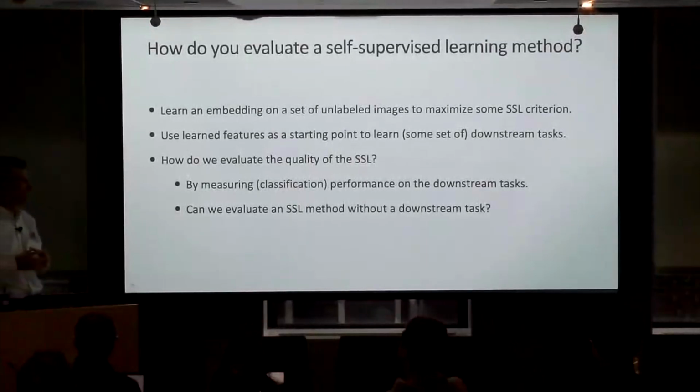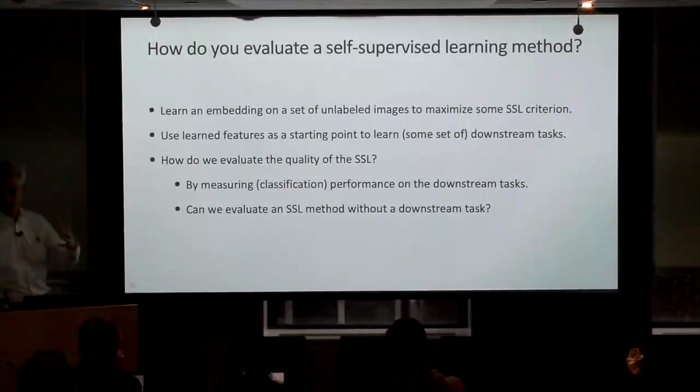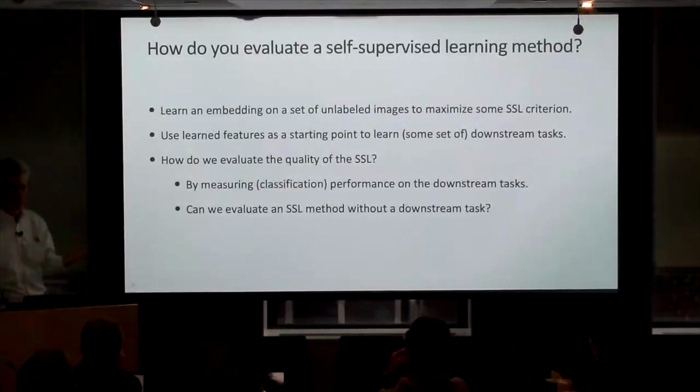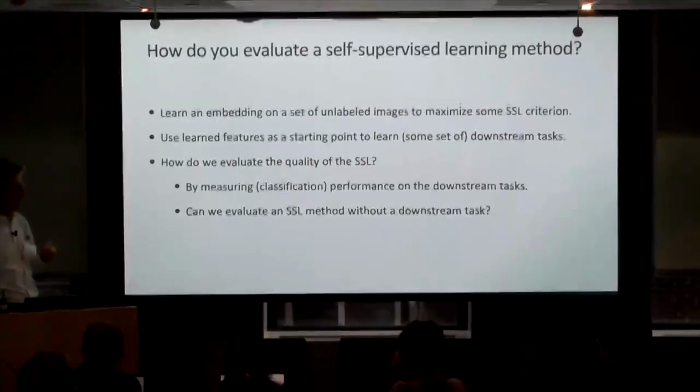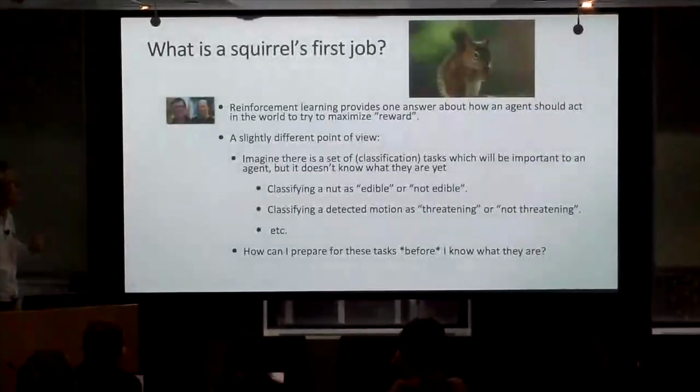Like, you're going to do well on some downstream tasks and not others. So I think there's an interesting abstract question, which is, is there a way that we can define an evaluation of this without a downstream task, or to think about the expectation of the performance over some distribution of downstream tasks, rather than using specific examples of downstream tasks, which is not really going to tell us exactly what we want to know.